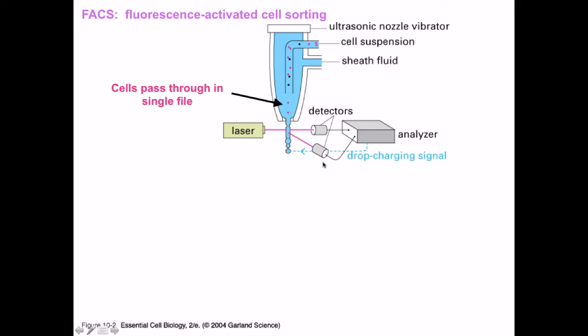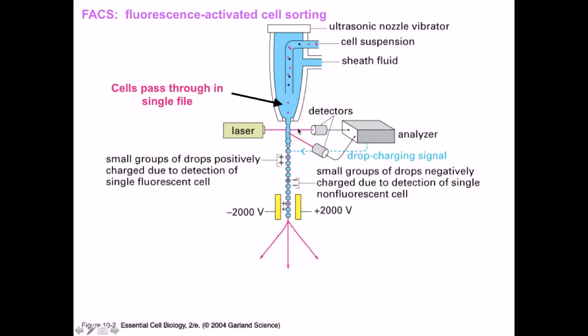All the fluorescence is also measured at 90 degrees from the laser. Just like in the fluorescent or confocal microscopes, the instrument has detectors that visualize and detect the light. That light is converted into electrical impulses that the analyzer, the computer at the end, allows us to see as one event.